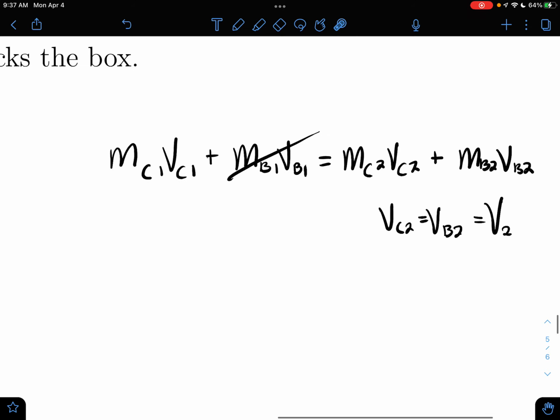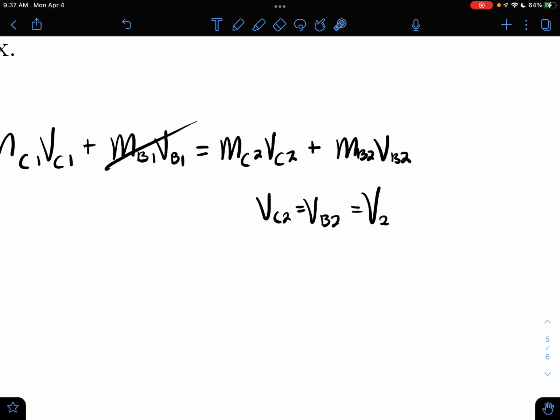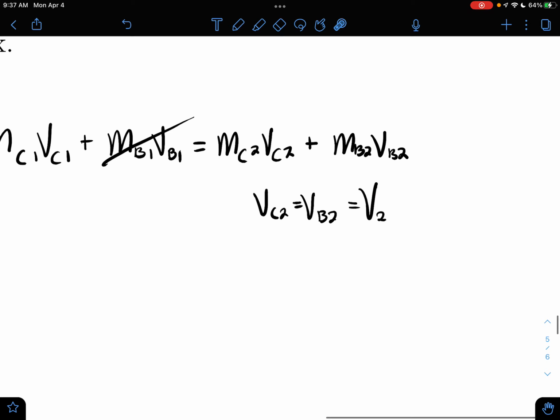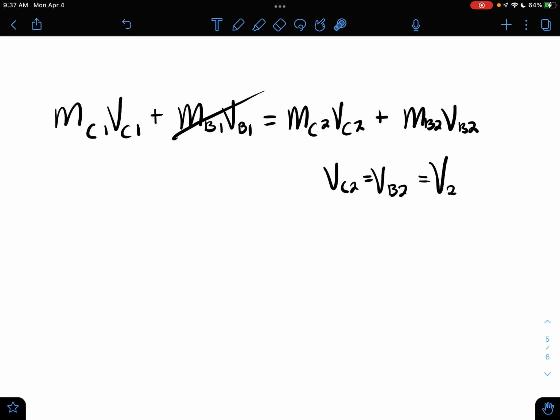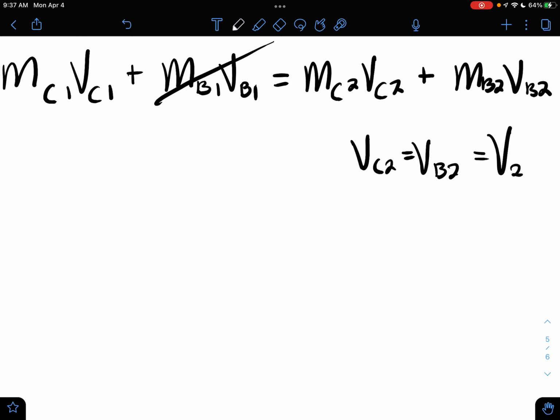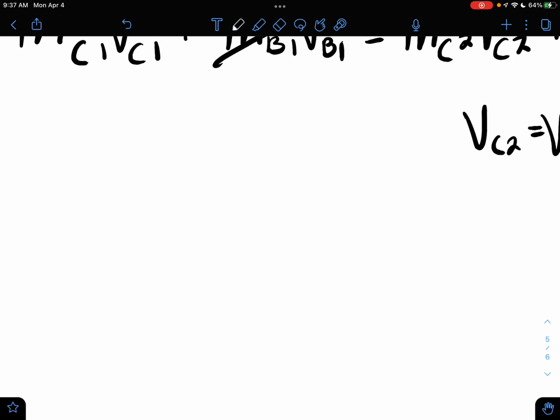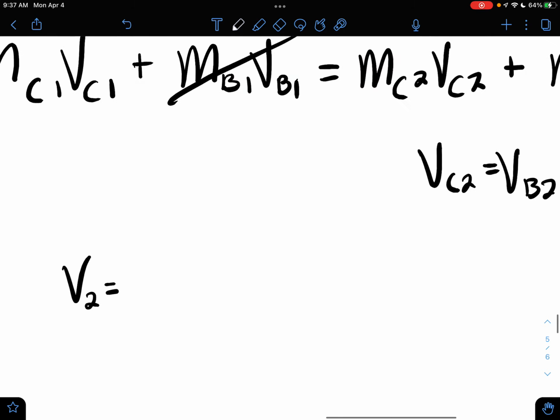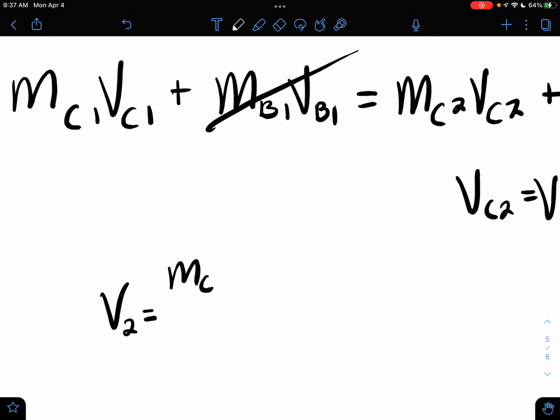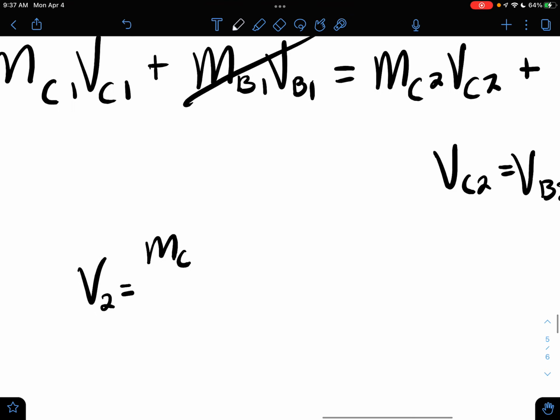Now if I plug this in and factor it out, I'm going to solve this equation for v_2, so I can get my final displacement of how far the box got bonked. With all of my algebra, v_2 is m_C v_C1 over m_C plus m_B. The mass of the thing doesn't change.